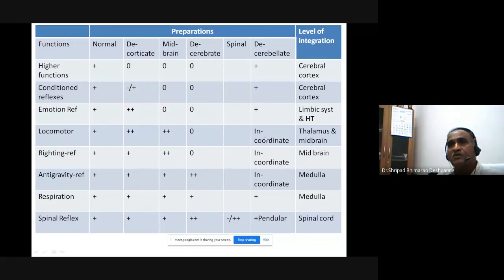The locomotor responses are incoordinate or ataxic. Righting reflexes are incoordinate. Anti-gravity reflexes are incoordinate, and respiration is normal. If you try to elicit a spinal reflex, you get a slow contraction and a slow relaxation, a pendular type of response. This is what happens in decerebellate preparations. The animal survives with compromised motor activity.